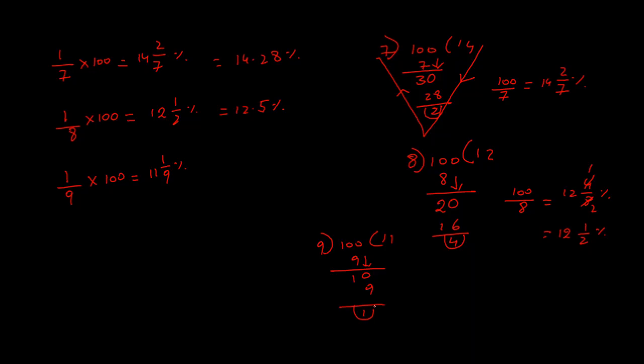So 100 by 9 improper fraction can be converted into 11 1 by 9 as mixed fraction. So 1 by 9 fractional value is equals to 11 1 by 9%, and 1 by 10 into 100 gives us 10%. So this is how we convert the fraction value into percentage.